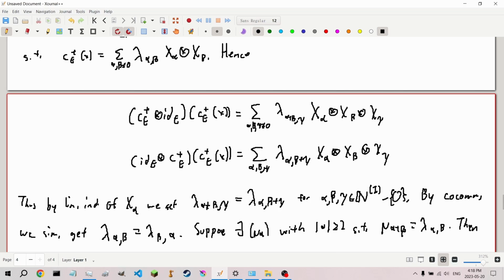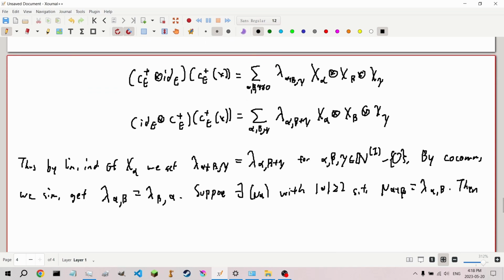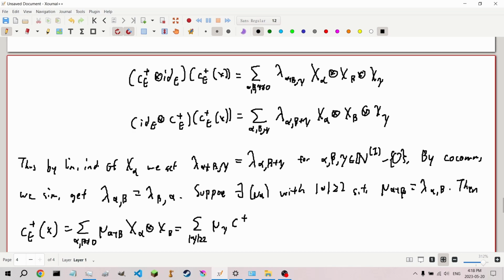Then Δ_E^+ of x is the sum for non-zero alpha and beta of mu alpha plus beta of x_alpha tensor x_beta, which is the sum for gamma of size at least 2 of mu gamma times the plus coproduct in E of x_gamma.